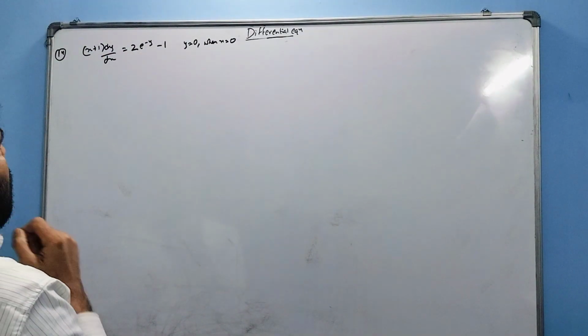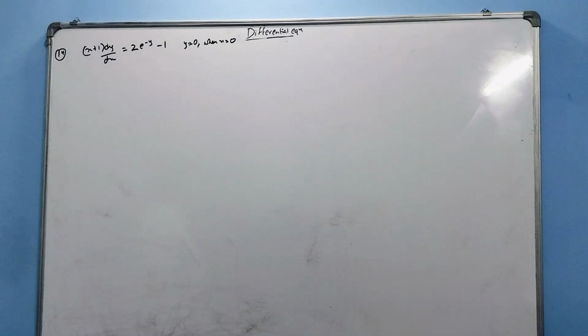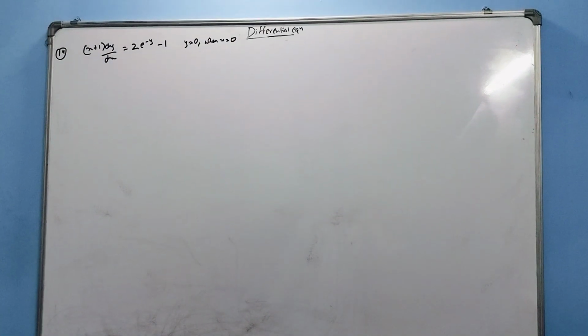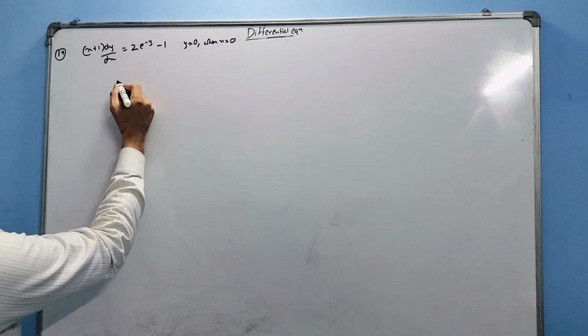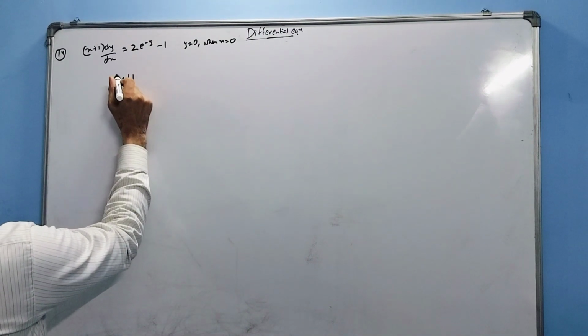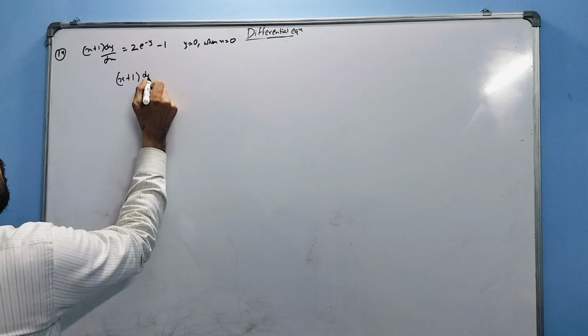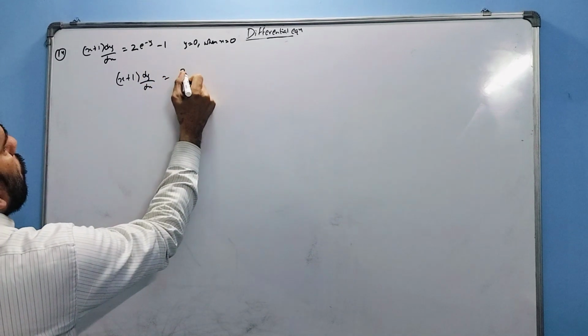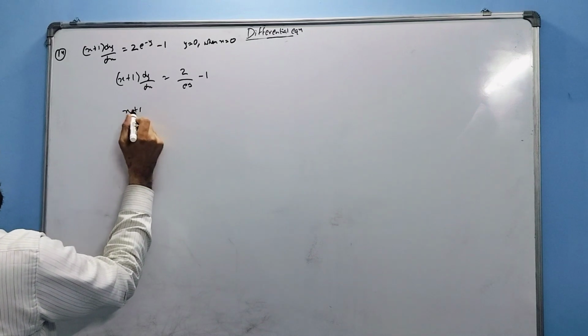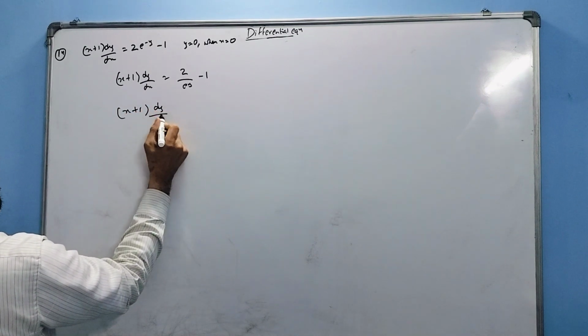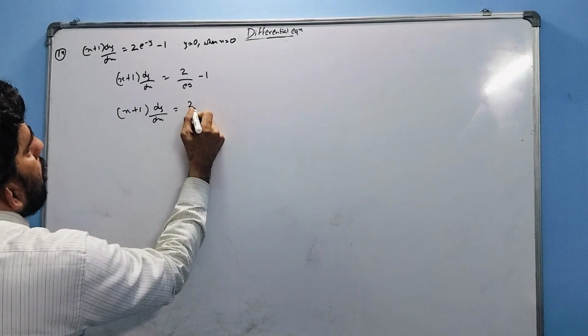Okay, so now let us try to find the particular solution for this. x plus 1 dy upon dx is equal to 2 upon e raised power y minus 1. x plus 1 dy upon dx, we have e raised power y upon e raised power y.